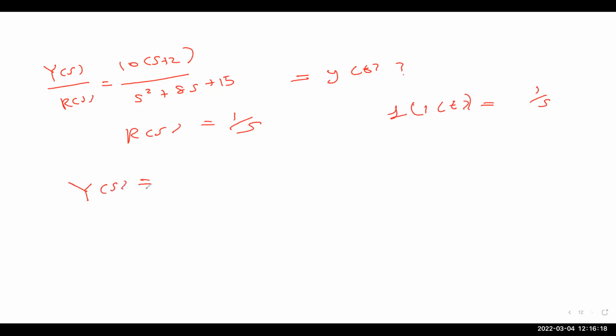So you will get 10(s plus 2) divided by, if you multiply this part also by R(s), we just write this part as plus 15, and we have the unit step, 1 over s, right? Okay.